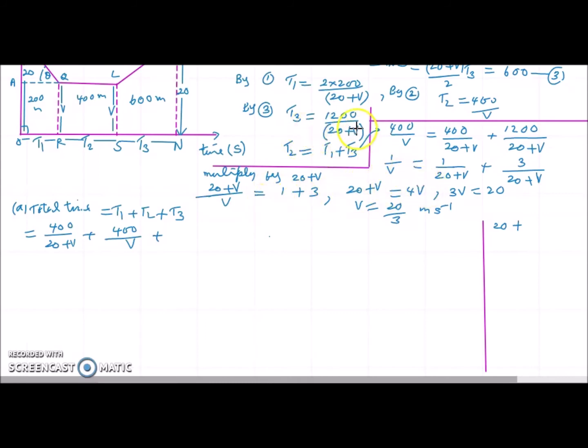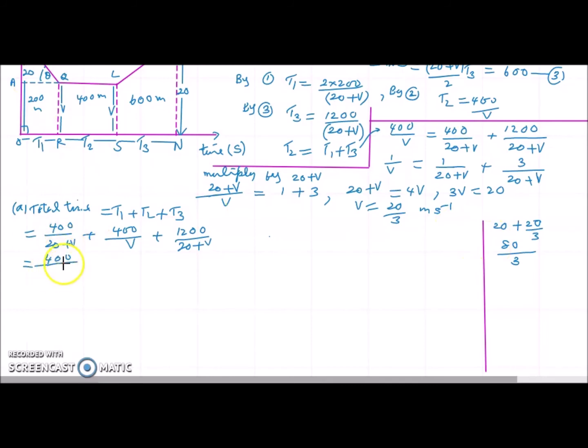What is t3? t3 is 1200 divided by 20 plus v. We have to find what is 20 plus v. This is equal to 60 plus 20, that is 80 by 3. 20 plus v is 80 by 3.